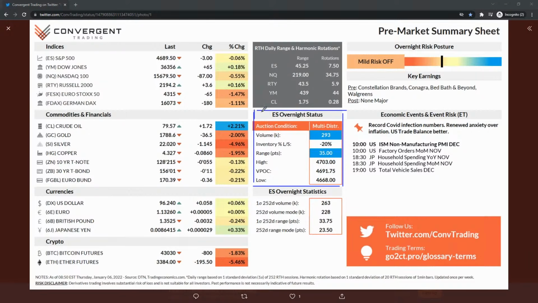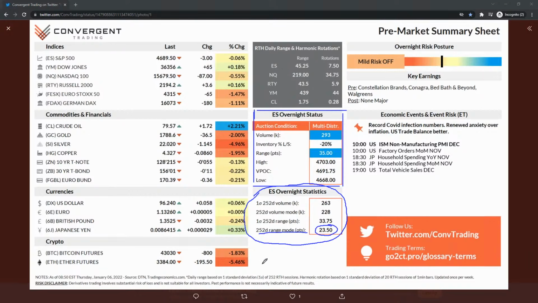So we're constantly updating our stats on a weekly basis. We know what the norms are. These are the normal statistics for the overnight session. The way to read these is that the most common range over the last 252-day sample, pure statistics, overnight is 23.5 points.